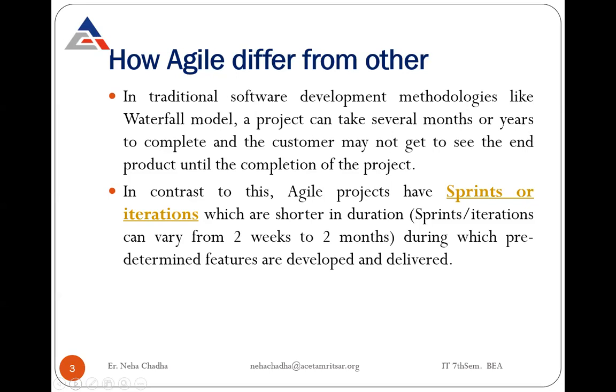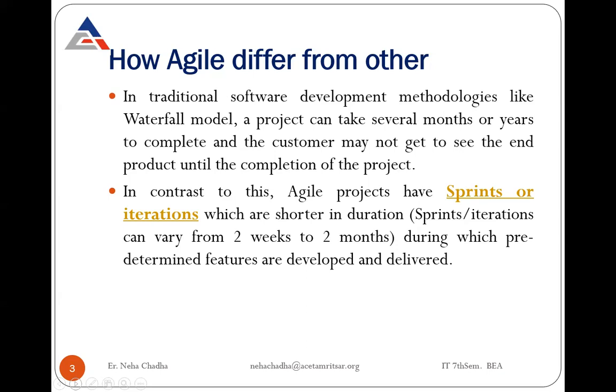It is fixed in the agile methodology that one part or one phase should be completed in between 2 weeks to 2 months. It should not be longer than this duration, during which predetermined features are developed and delivered.